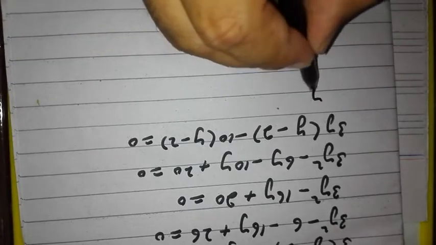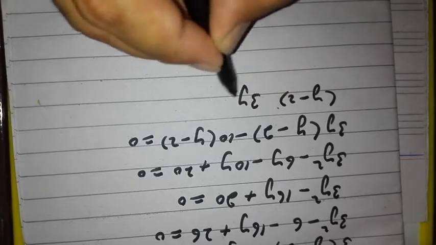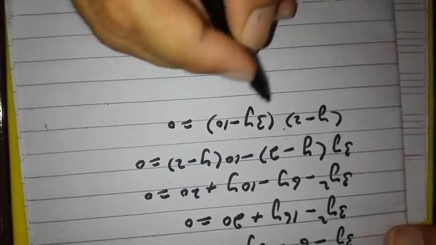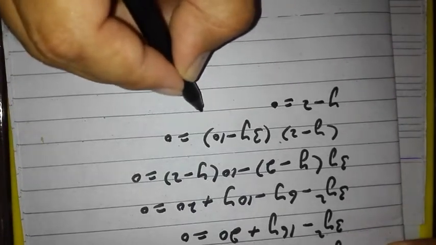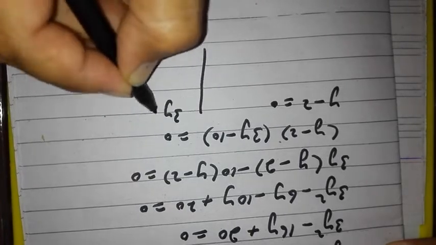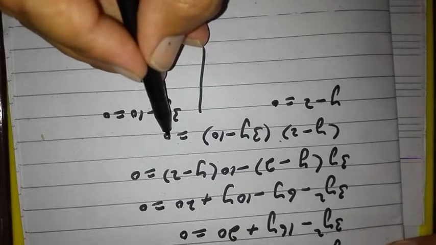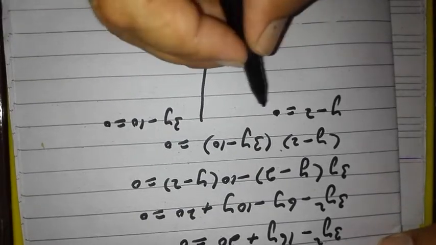Now take y minus 2 common from these two terms, so here remains 3y minus 10, and the product of both is 0. We will take y minus 2 equals 0 and 3y minus 10 equals 0. Because the product of these two is equal to 0, this may be 0 or this may be 0, so we take both equal to 0.